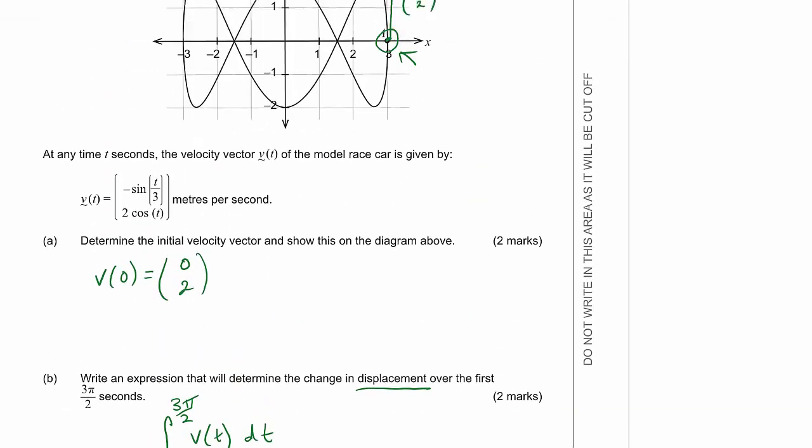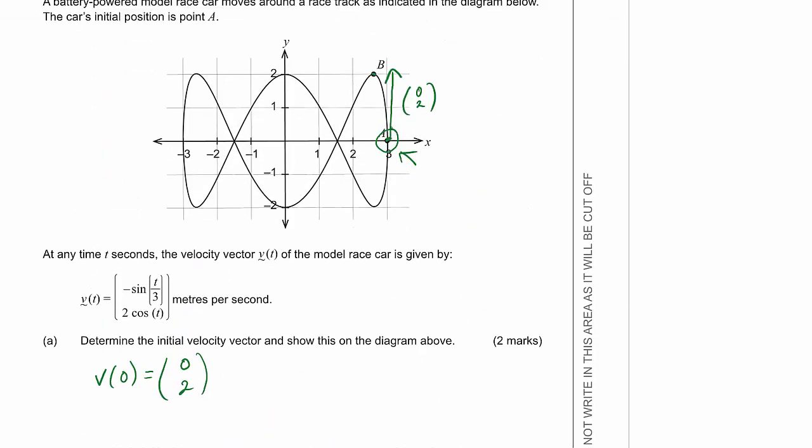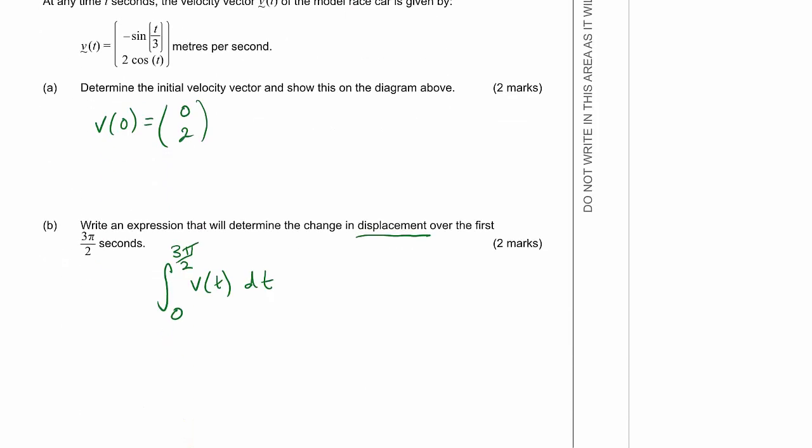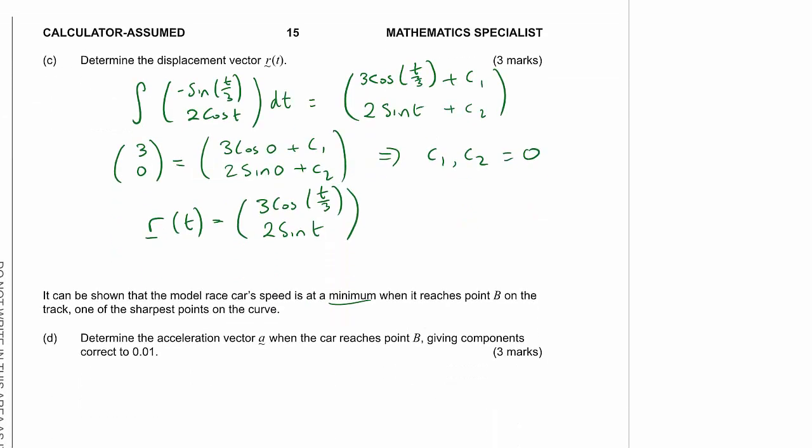So if we look back at the graph, we started here and we went this way. So this would be the first time that the y component, or j component, is maximized. In other words, sine t is 1, and therefore we would have that t is equal to pi by 2.